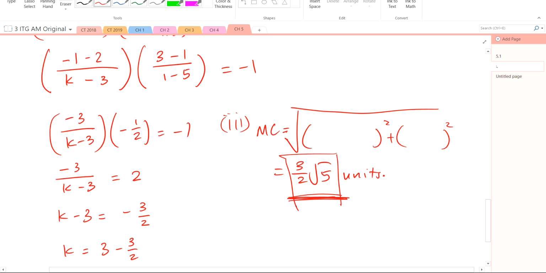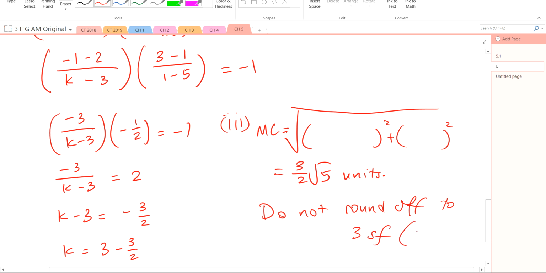It is a surd. In A maths, your final answer, if it is a surd, you leave it as a surd. Do not round off to 3SF for A maths. Okay? Exactly.